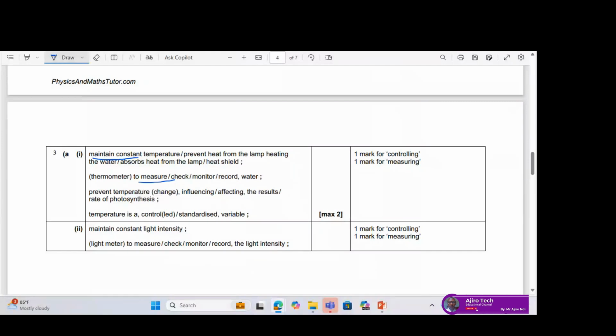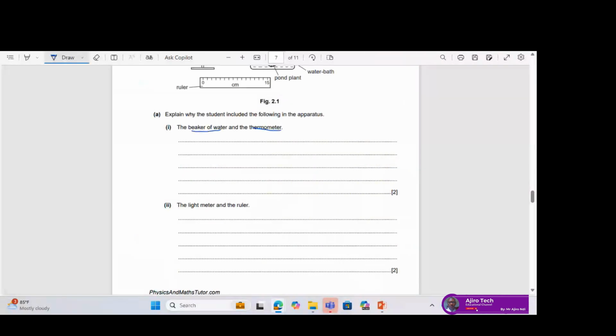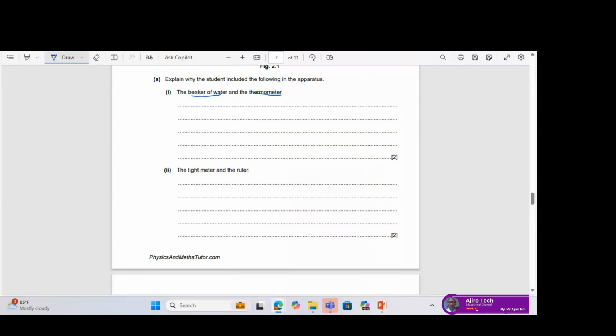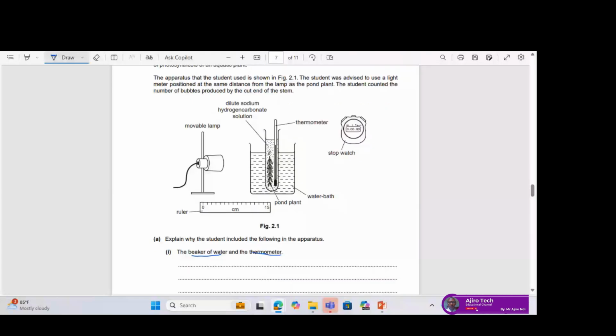We also answered the one that talks about the light meter and the ruler. Why do the students use the light meter and the ruler?